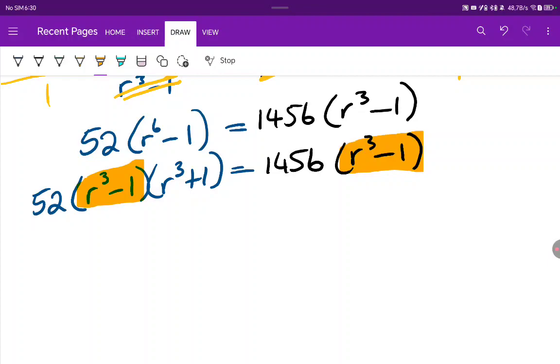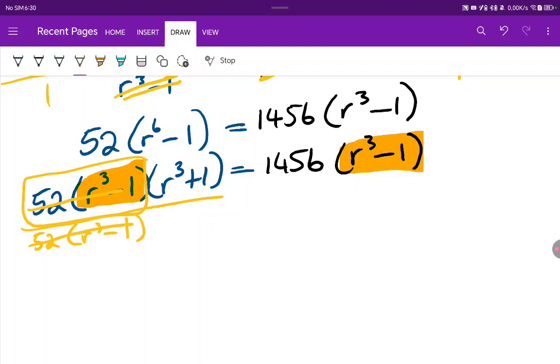This is perfect. Okay, let's divide the whole thing. I'm going to take this to the other side. The reason why is because the orange highlighted brackets are going to cancel away, and then I have r's on one side. So I'm going to divide by 52 (r³ minus 1) so that this cancels. And then here I do the same.